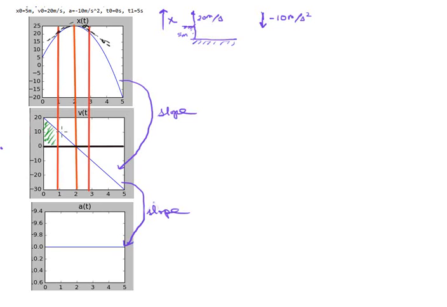In order to find it, this is the area of a trapezoid. In fact, I could divide this into a rectangle and a triangle, but there's also a formula for the area of a trapezoid.